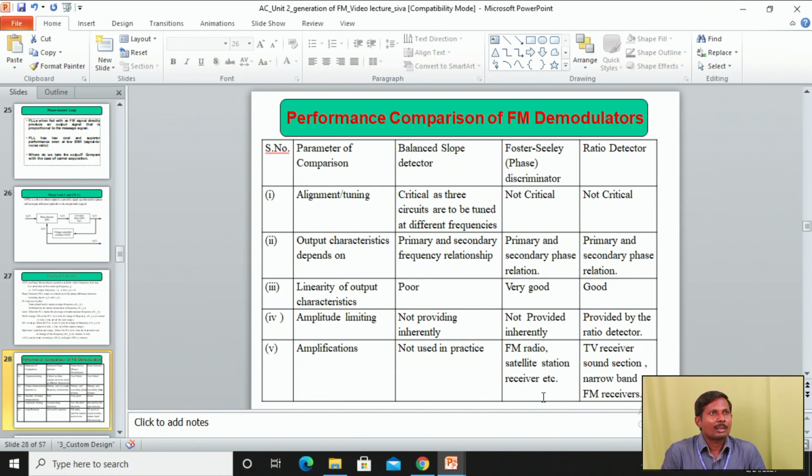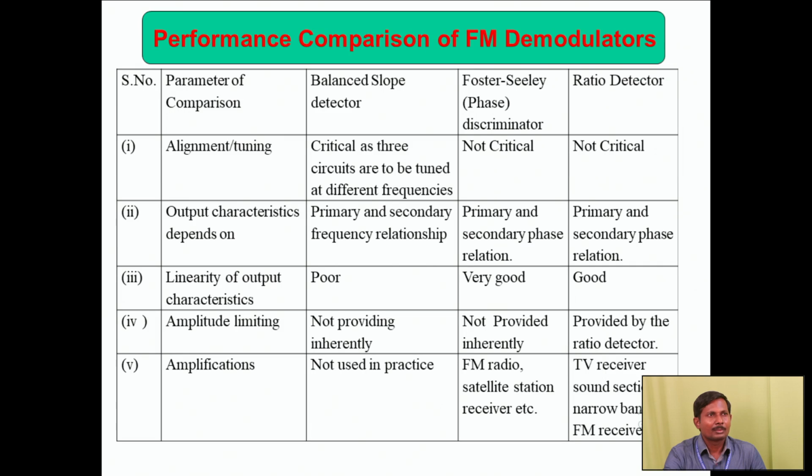Next we move to the performance comparison of FM demodulators. First one, alignment and tuning. We are going to discuss the comparisons between the balanced slope detector, Foster-Seeley discriminator and ratio detector. First parameter is alignment or tuning.